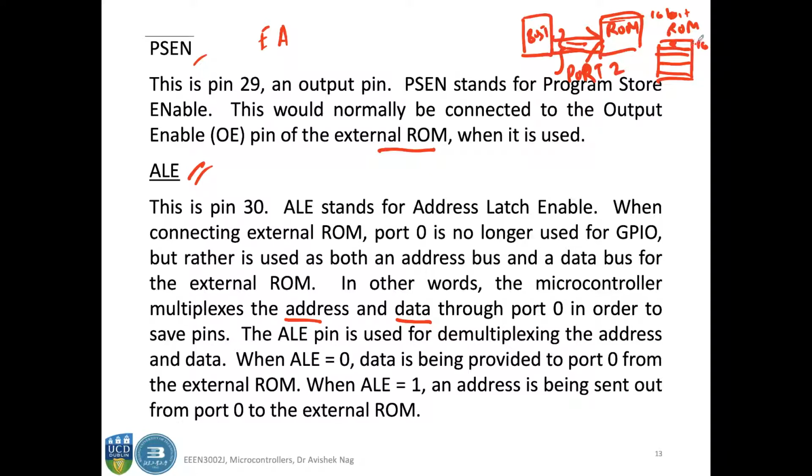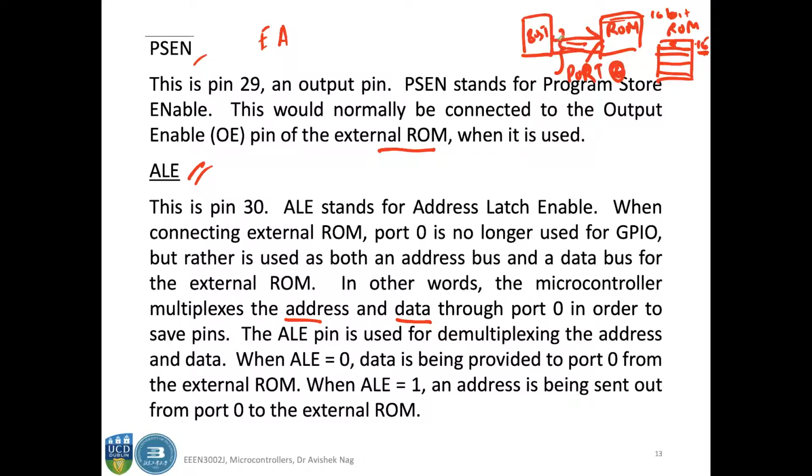But when you are trying to locate the address of this data, this is 16 bits, and out of these 16 bits, the lower 8 bits are also identified by this port 2. Okay, and the higher 8 bits are identified by port 0. Sorry for the confusion. Port 0 is used for this functionality which I was just saying.